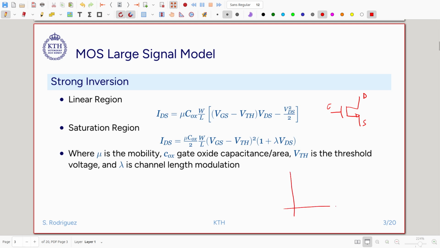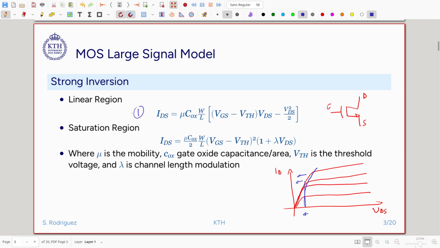So if we plot the drain to source voltage and the drain current, we will see that for different VGS values we will have something like this, following voltages. Okay, and then in this region the following equation holds.